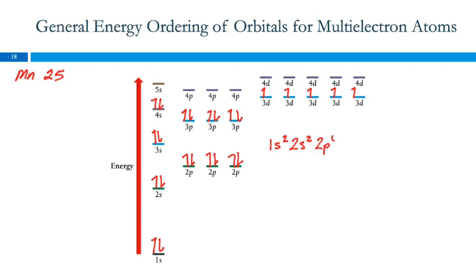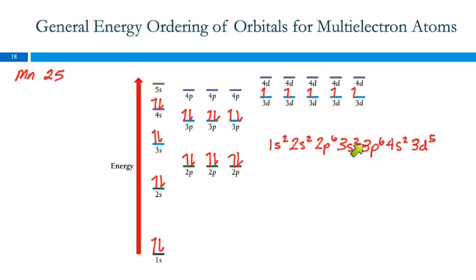The 2p, 6, and then there's 3s, 2, and then there's 3p, 6, and then the next one is the 4s with 2, and then we've got the 3d, and there's 5 people in there.